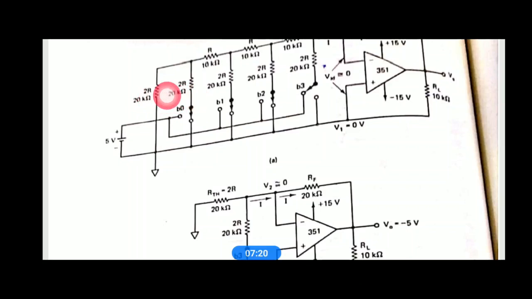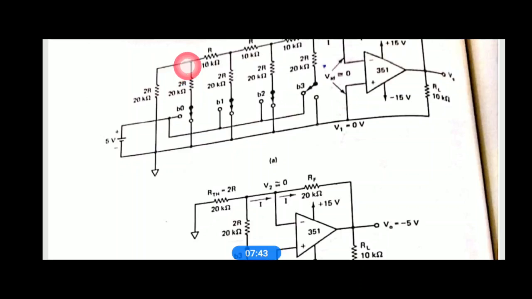So 2R in parallel with 2R, you will get 2R times 2R divided by 2R plus 2R, and the result is R. Means if you calculate the parallel combination of 2R with 2R, you will get the total resistance R.